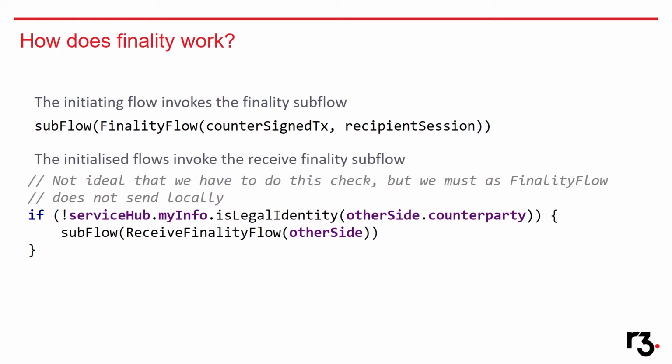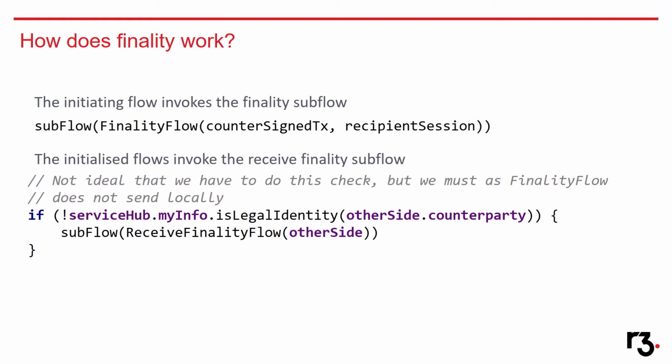And what the counterparty does is call a ReceiveFinalityFlow subflow with the originating session as argument that just waits to receive a transaction that has been notarized. There's a slight problem that this is blocking, but for technical reasons, we do not send it to ourselves.